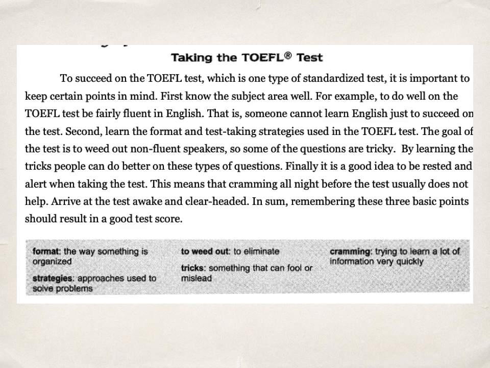And third of all, the writing should be logical. This is where you'll often see very clear topic sentences and oftentimes conclusion sentences. In this case, we do have a conclusion sentence, starting with, "In sum, remembering these 3 basic points should result in a good test score."